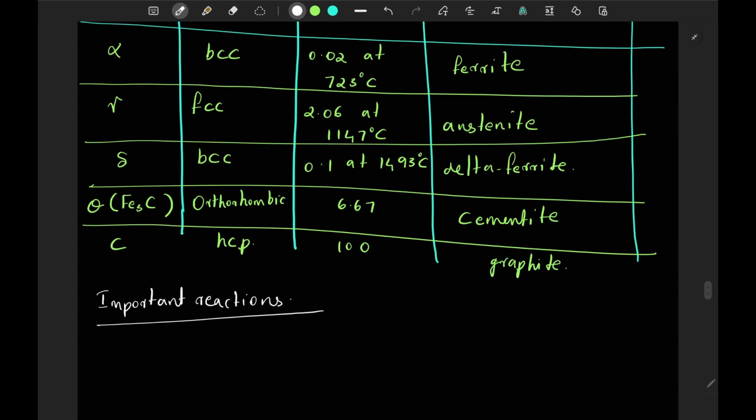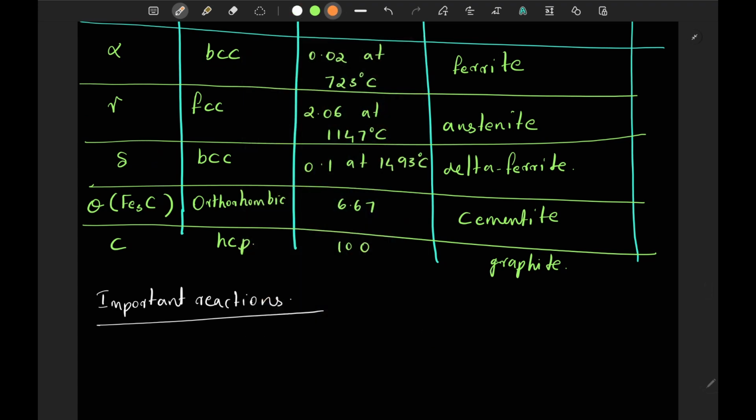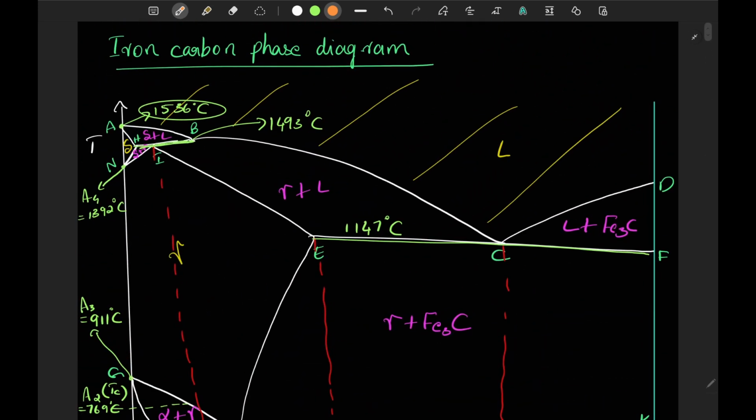Now let us write about the most important reactions. Important reactions on the iron carbon phase diagram. So first we have the peritectic point, that is point I. Here we have the peritectic reaction.